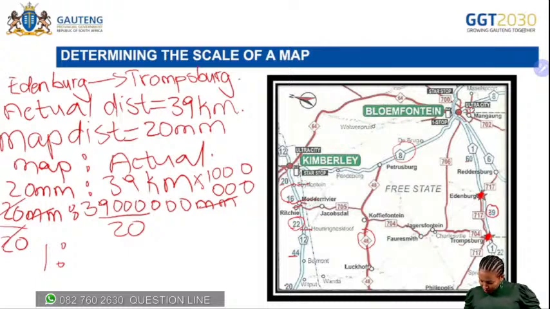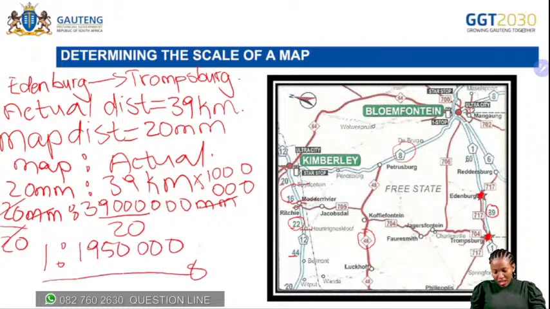The answer is 1,950,000. Such a big scale. So the scale that is used for this map is 1 is to 1,950,000.